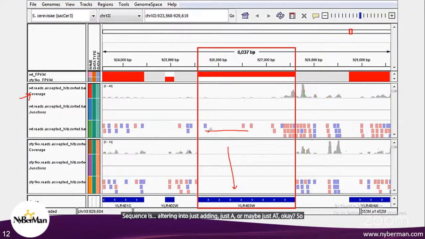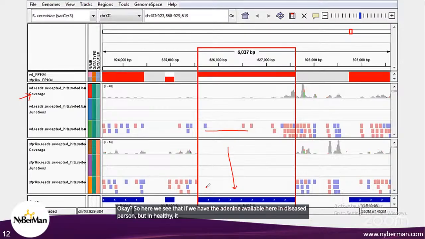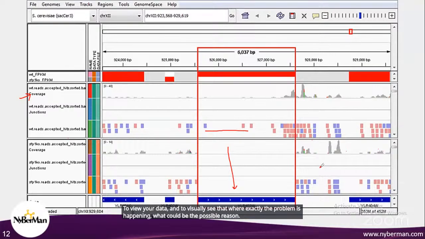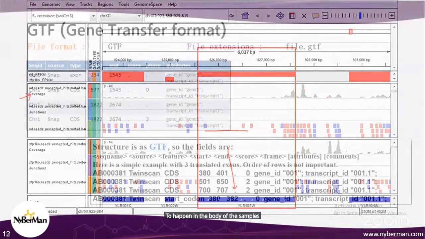So all the three nucleotides are changing to just one nucleotide. Here we see that adenine is available in the diseased person, but in the healthy it should not be there, right? So the presence of adenine at this particular location on this particular gene could be the reason for the disease. Okay, so this is a better way to view your data and to visually see where exactly the problem is happening, what could be the possible reason for the changes that you are studying or for the disease to happen in the body of the samples that you have.